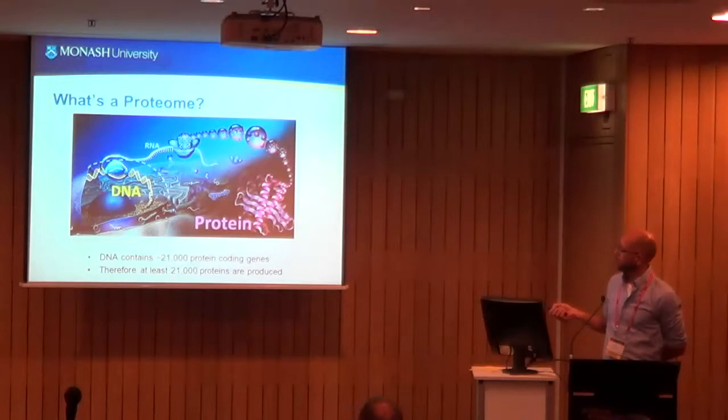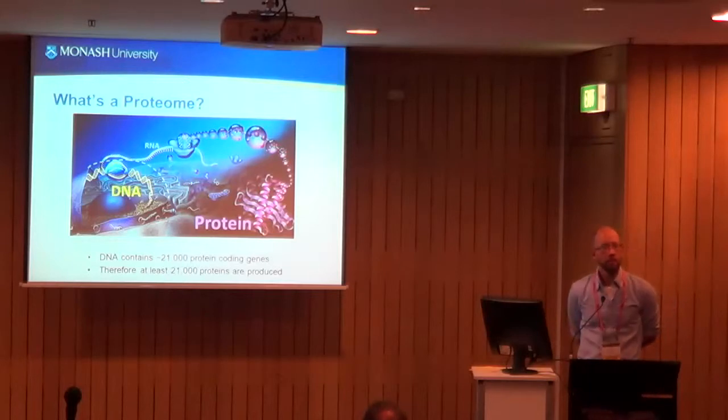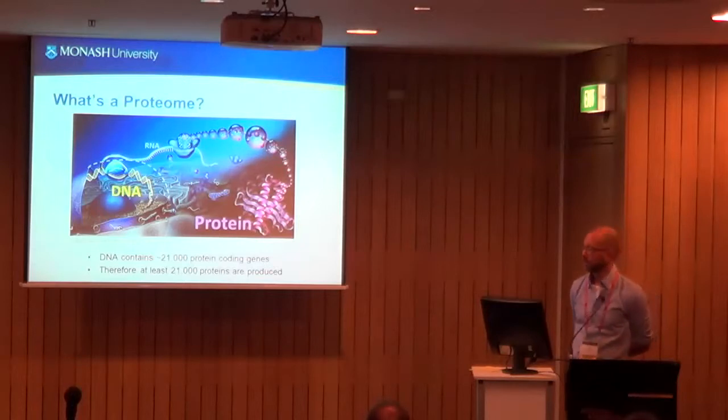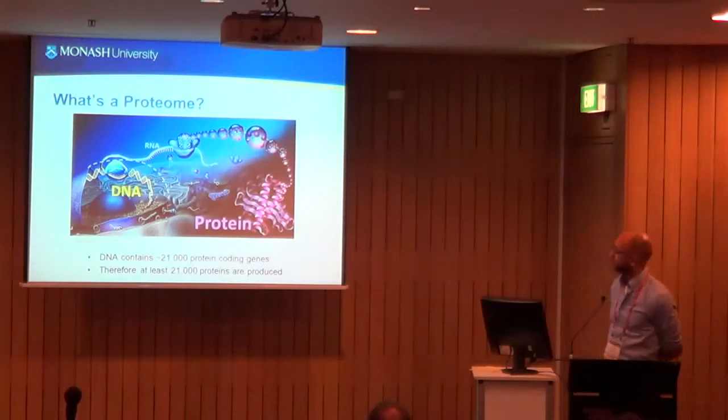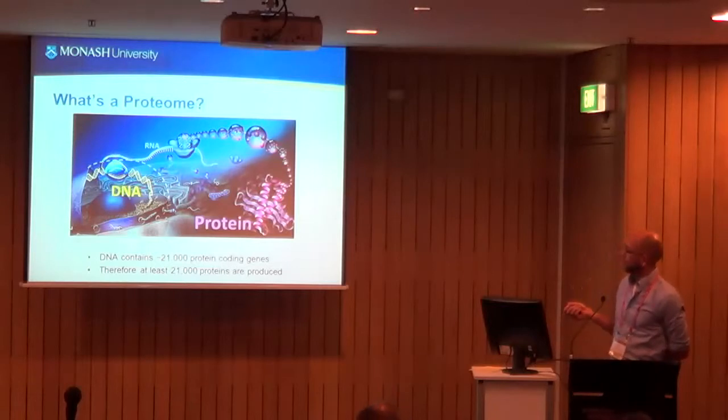So you've probably all heard of the Genome Project. About 12 years ago now, the first draft of the human genome was published, and that was an international effort to sequence all of that data. What came out of the Genome Project is that in humans, we have about 21,000 protein coding genes.